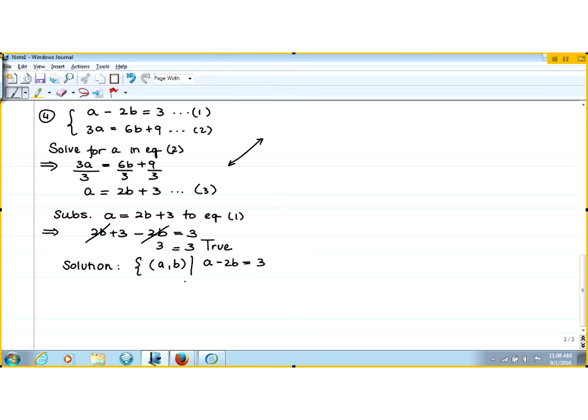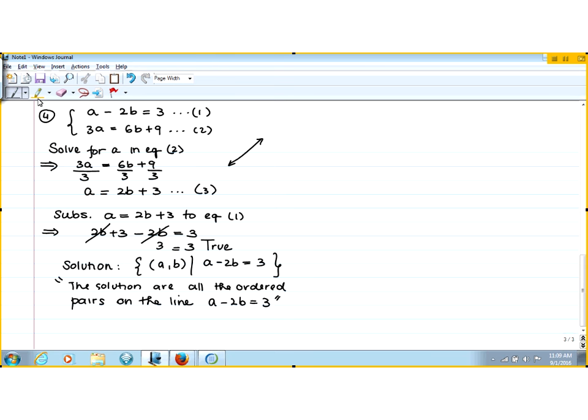Or I could write down the other equation, (a, b) such that 3a is equal to 6b plus 9. Because they're the same line anyway, I could write equation 2 instead of equation 1 here. So basically, it says the solution is all the ordered pairs on the line a minus 2b is equal to 3.